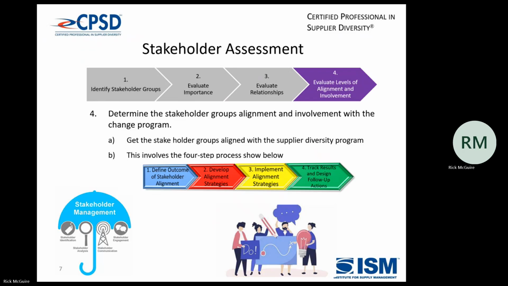And step 4 is evaluate levels of alignment and involvement with the supplier diversity program. So determine the stakeholder group's alignment and involvement with the change program. Get the stakeholder groups aligned with the supplier diversity program. This involves a 4-step process of alignment. So first process is define the outcome of the stakeholder alignment.